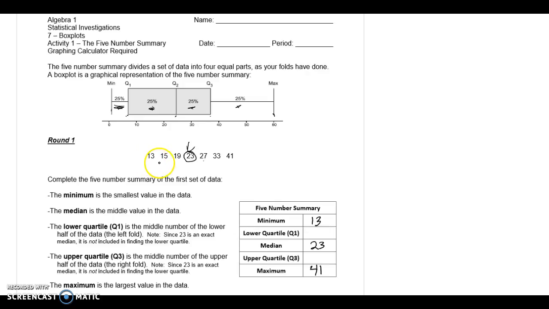So if I'm looking just at these lower numbers here, let me circle those, 13, 15, and 19, the median of that set of data is 15, so that represents quartile 1. Looking at the upper half of the data, 27, 33, and 41, the median of that would be 33.